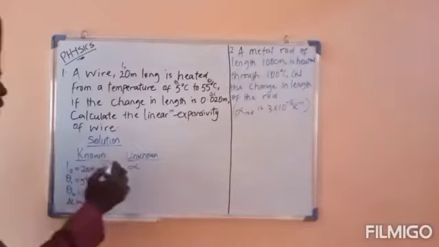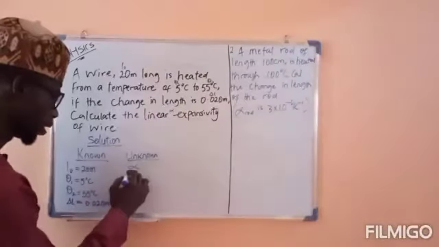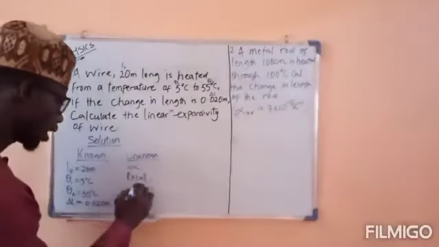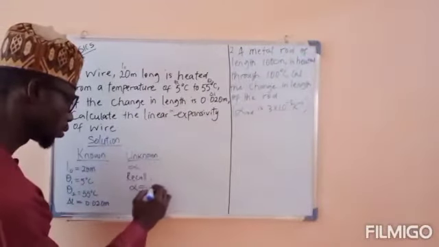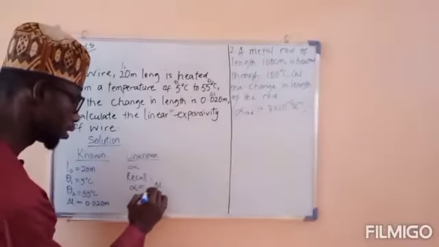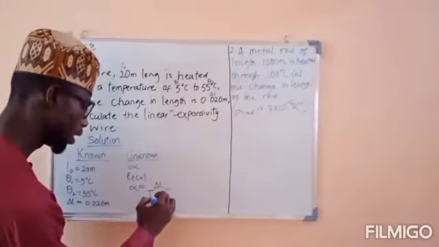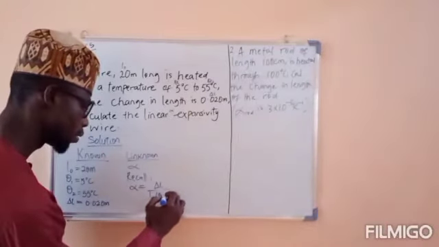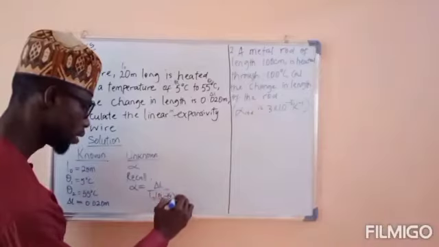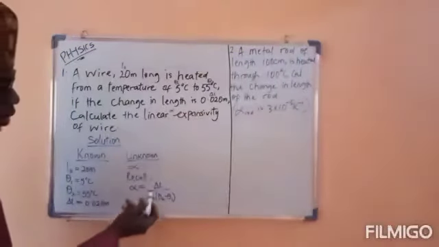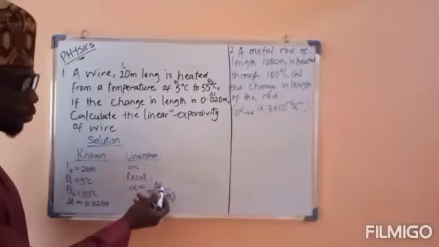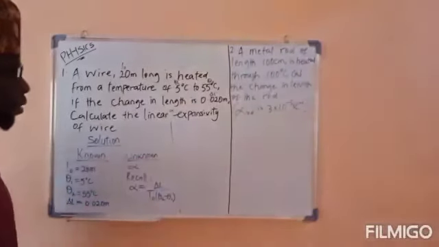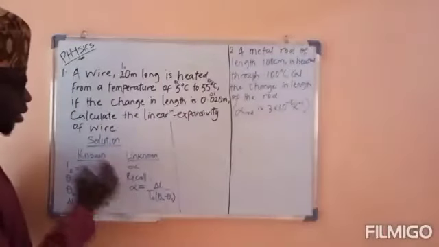So the next step is to recall the formula. Recall that alpha is equal to change in length all over original length into change in theta, θ2 minus θ1. Remember that this is the same thing as L2 minus L0. So if I have recalled my formula, then I'm looking for alpha.